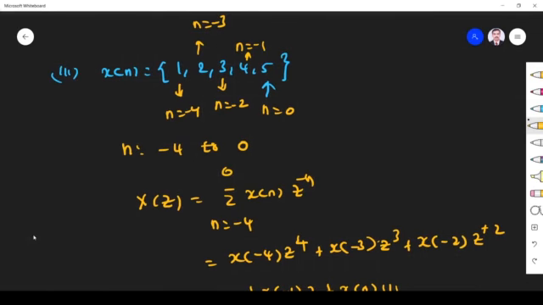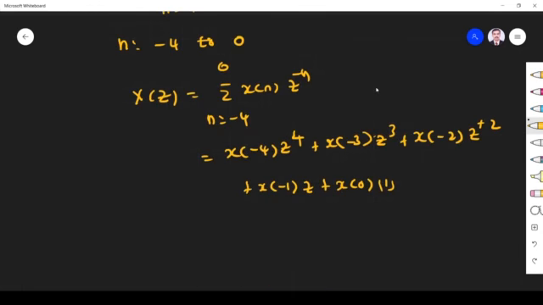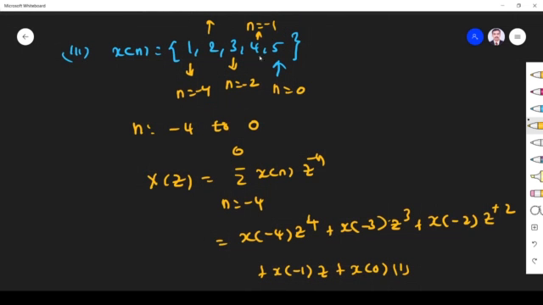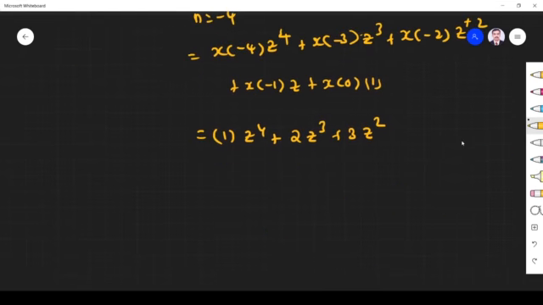So you see x of -4 is 1. X of -3 is 2. X of -2 is 3. So I can write 1 into z power 4 plus 2 into z power 3 plus 3 into z power 2. X of -1, when n is equal to -1, x of -1 is 4. 4 into z power +1, that is z. 5 into z power 0, 5 only. Z power 0 is 1. So this is what our x of z.